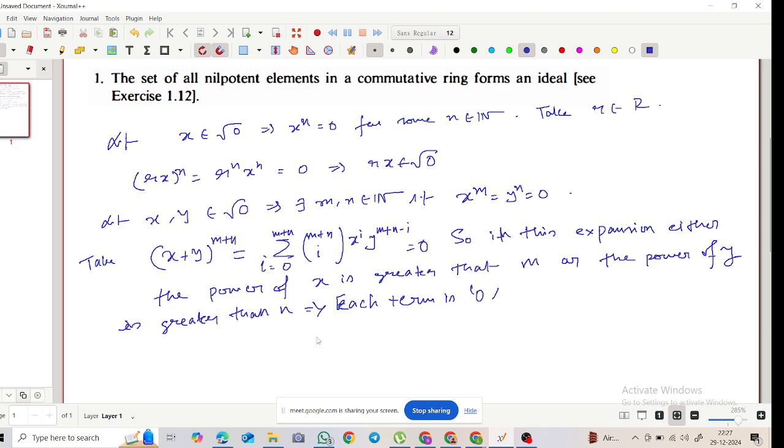So this is 0. This implies x plus y belongs to this. Thus this is an ideal.